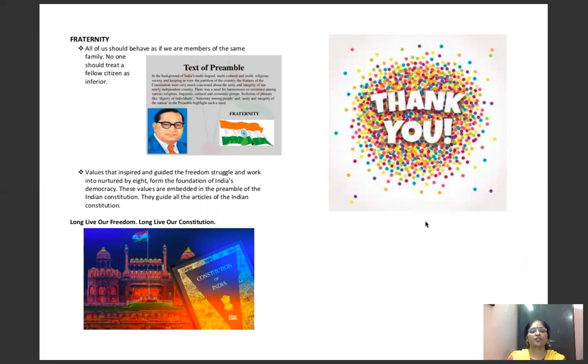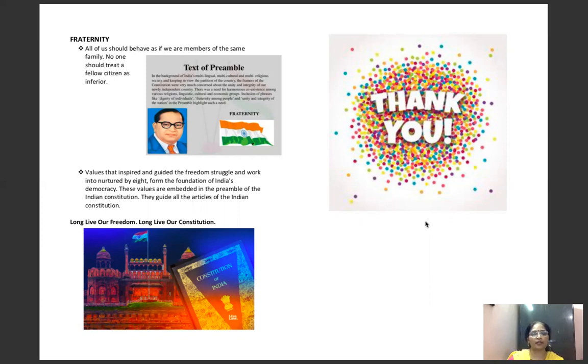And yes, as the text of preamble shows, because of the multi-ethnicity, multi-language, multi-culture and tradition which India has, this is very important. We have to treat each other with respect, everybody has got dignity. That is very, very important.